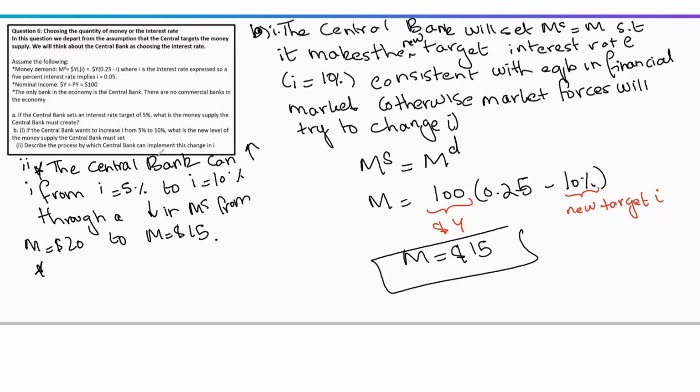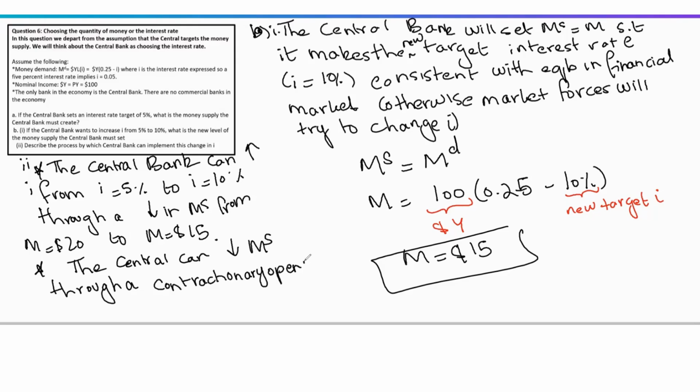How will the central bank reduce the money supply? The central bank can decrease money supply through a contractionary open market operation.